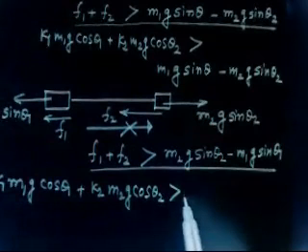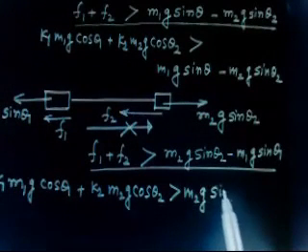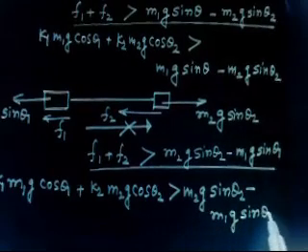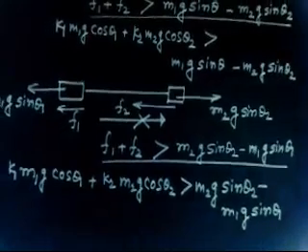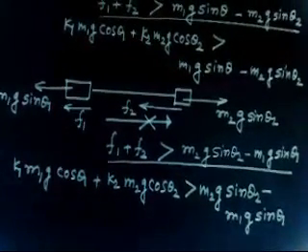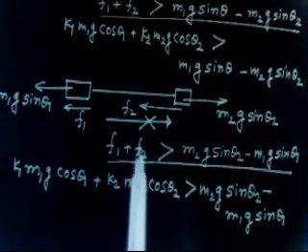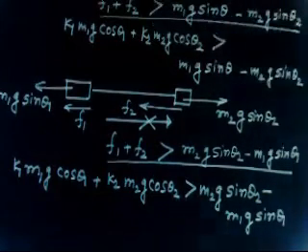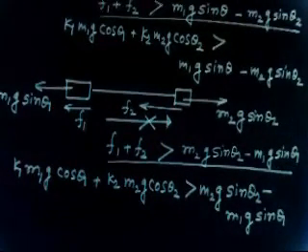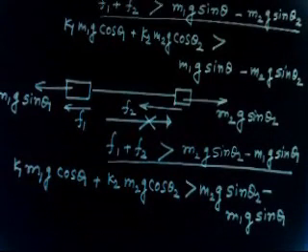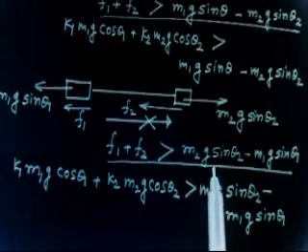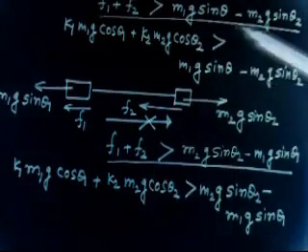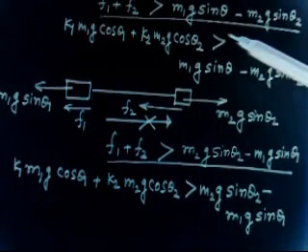This should be greater than m2g sin theta 2 minus m1g sin theta 1. Let us copy this one first. So this is the condition when this system will not move in this direction, and the upper one is the condition when this system will not move in this direction. Now if I combine these two things, I will get that the system will not move at all. So if F1 plus F2 is greater than this, the system will not move in this direction, and if F1 plus F2 is greater than this value, the system will not move in this direction.